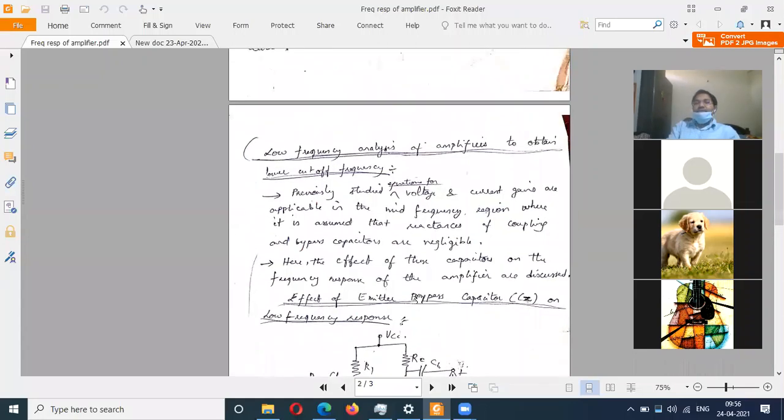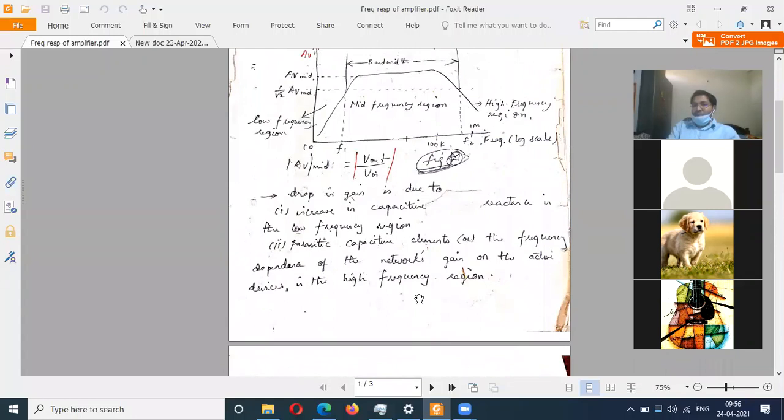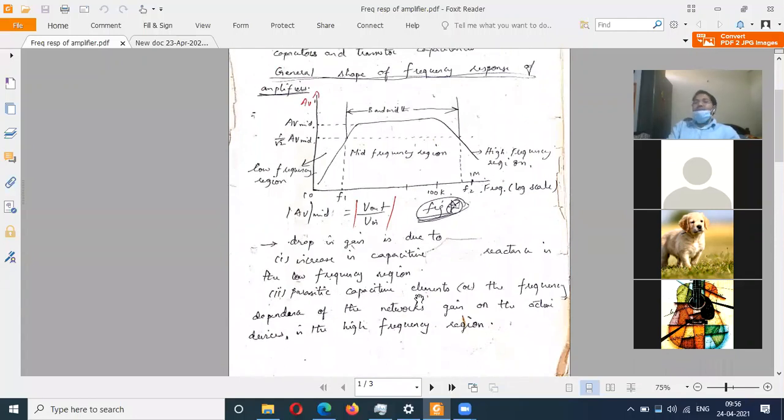That is the reason that in all our analysis so far we took capacitors as short circuits, because we were not considering very low frequencies.